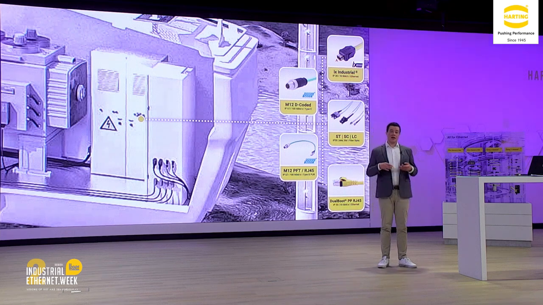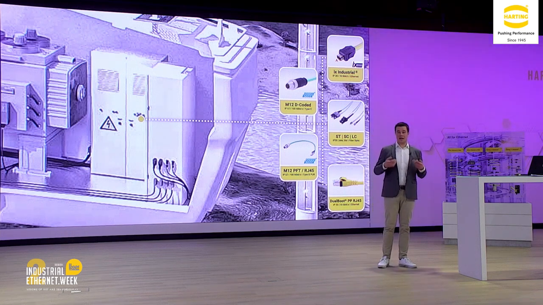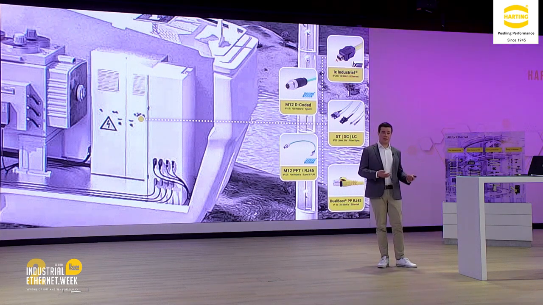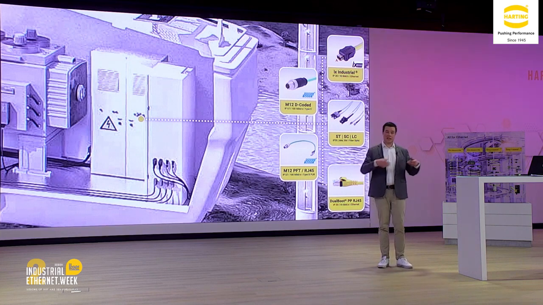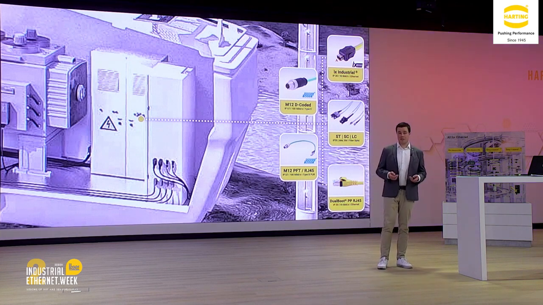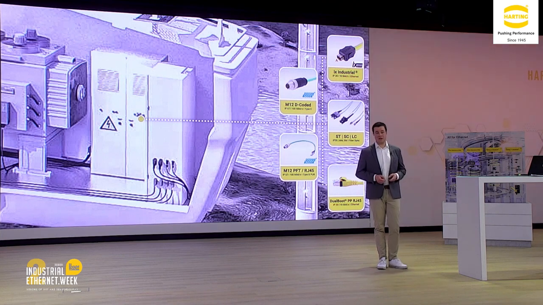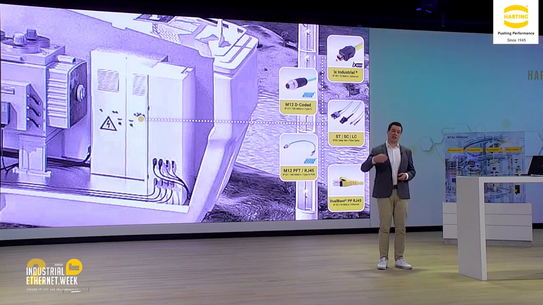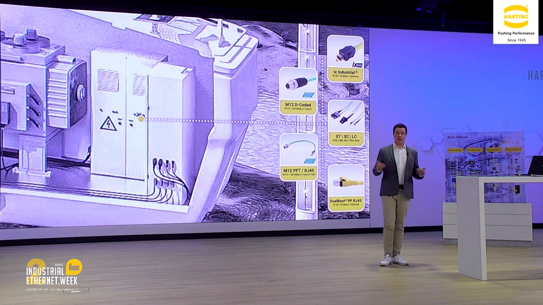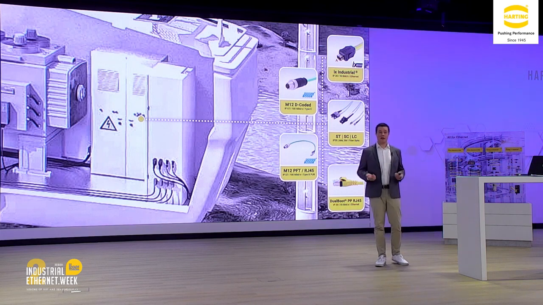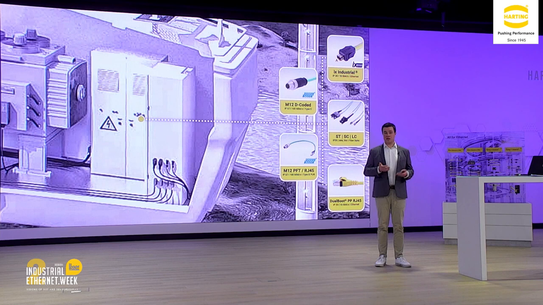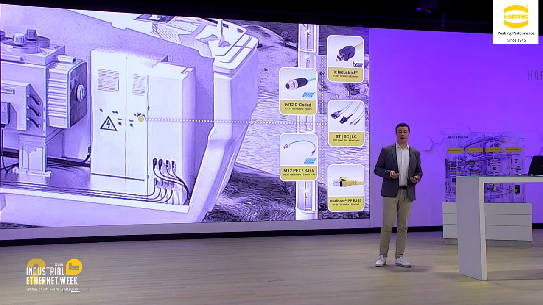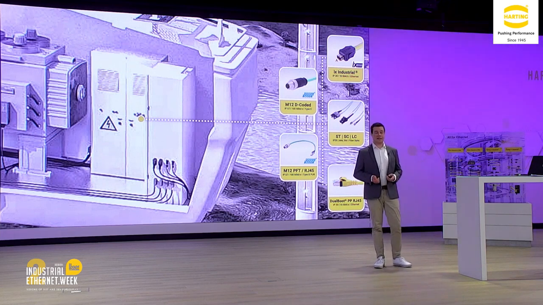The switch from the IP20 switch cabinet to the IP65, 67 area inside the gondola is possible with so-called mixed cords, a cable assembly from an RJ45 to a panel feed-through, to have an interface from your switch cabinet into the field. So here, we have the possibility to use both fiber optic-based Ethernet or copper-based Ethernet.